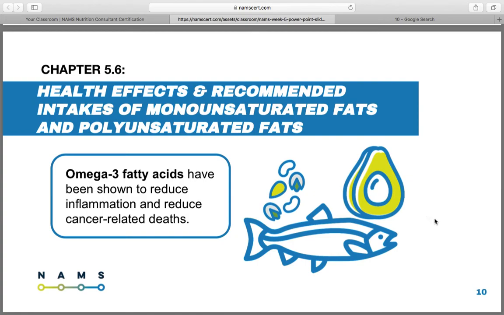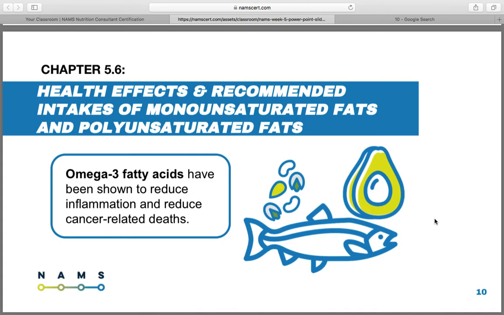Next, the health effects and recommended intakes of monounsaturated fats and polyunsaturated fats. Omega-3 fatty acids have been shown to reduce inflammation and reduce cancer-related deaths. So how do we get in our omega-3s? Typically fish, avocados, and some nuts have high omega-3 fatty acids.